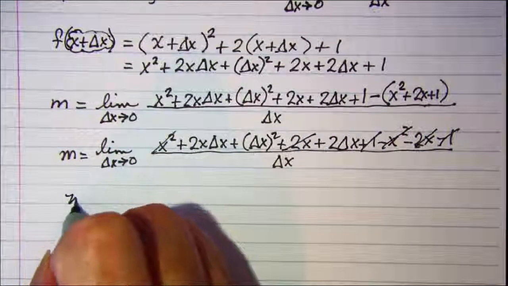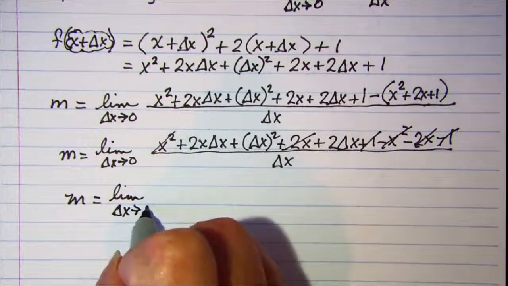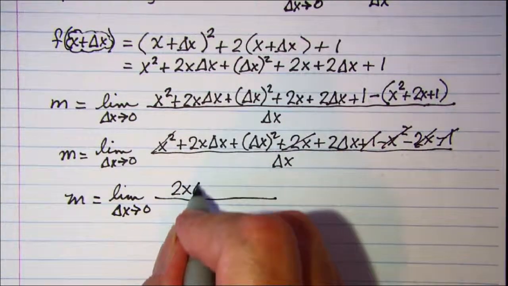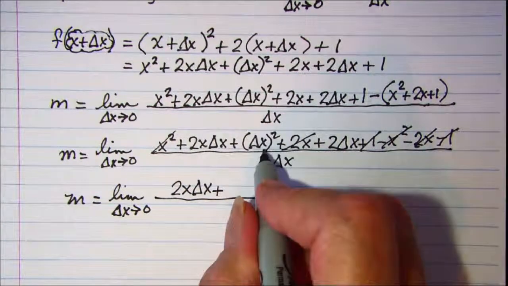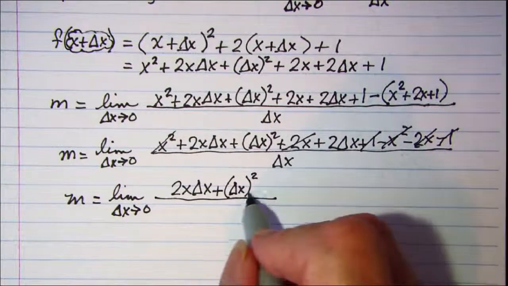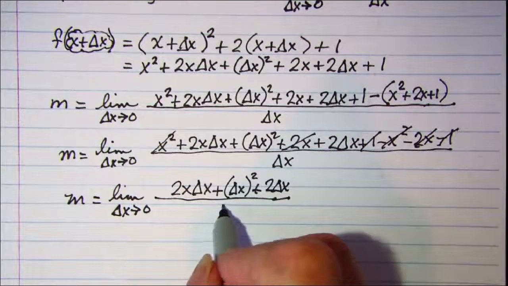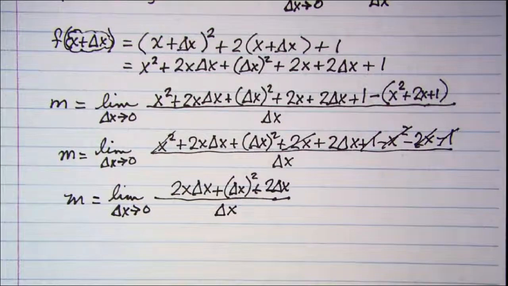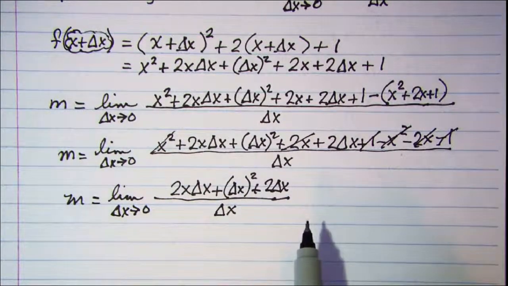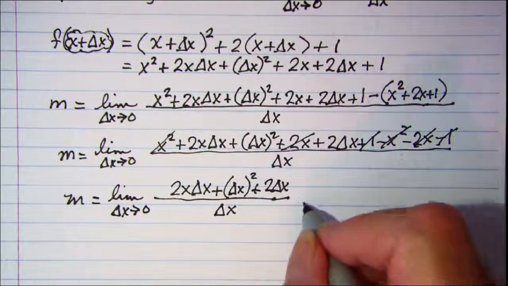So my m is the limit as delta x approaches 0, 2x delta x plus delta x squared, and then plus 2 delta x, all divided by delta x. Now I can see a delta x factor in each of my terms in the numerator, so I can factor that out and cancel off this delta x in the denominator.